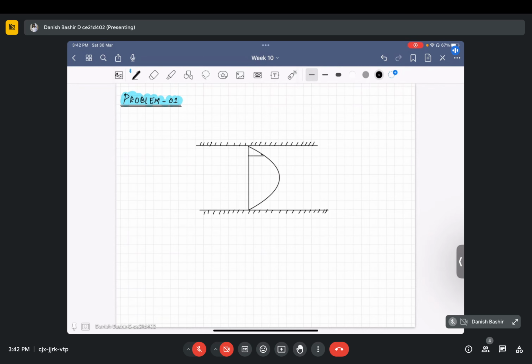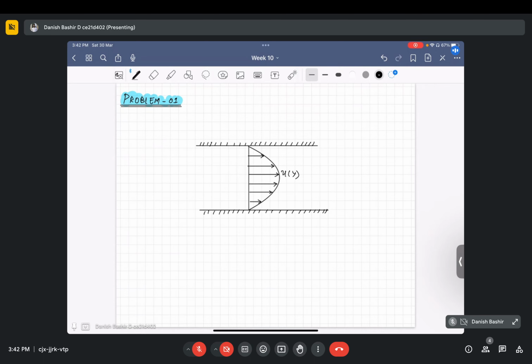Velocity profile will be like this. This is this velocity profile. Okay, so u of y is given as this.